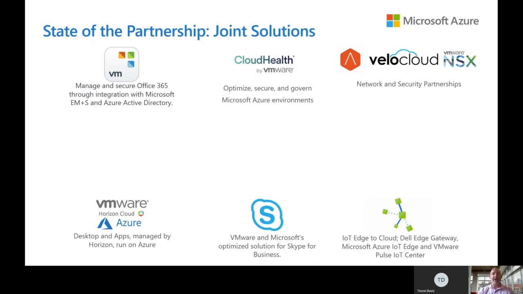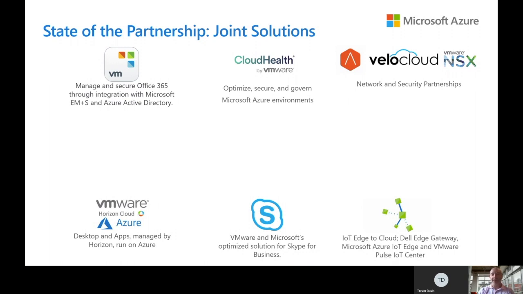Also, there are IoT integrations with Pulse, Azure, and Azure IoT Edge. On the EUC side of the house, VMware has evolved Horizon Cloud to not only power Azure desktop VMs, but also our Windows Virtual Desktop solution is integrated with Horizon Cloud.